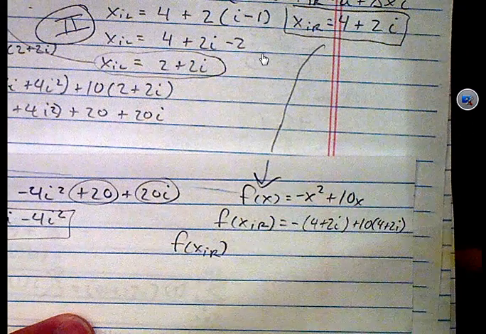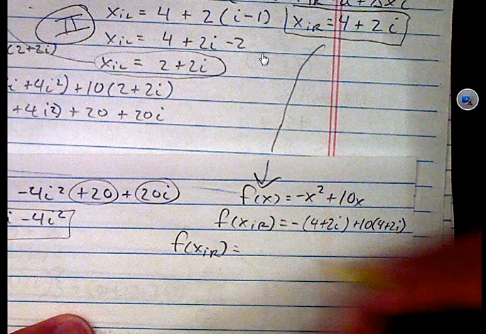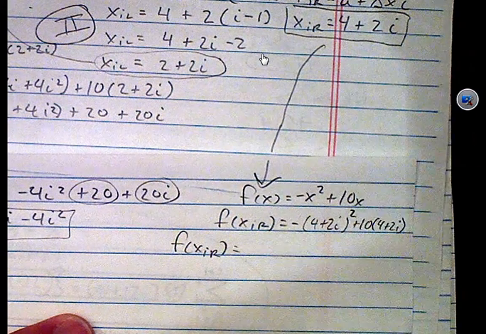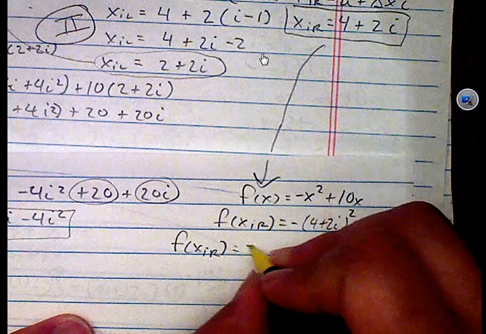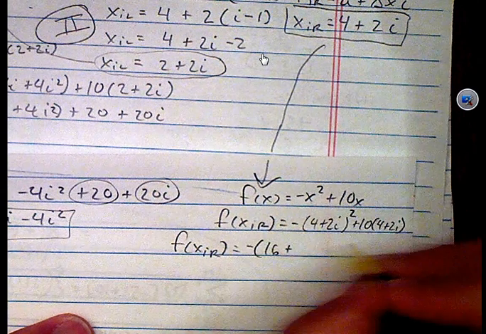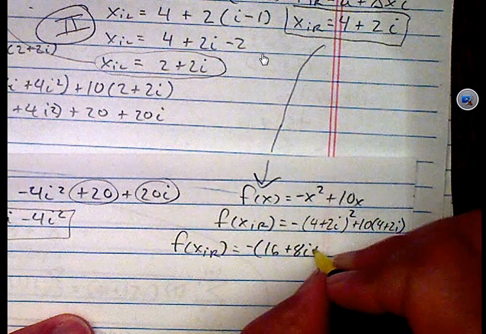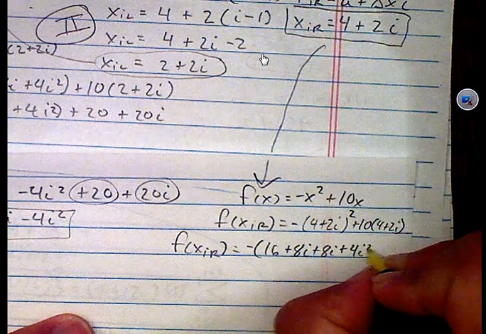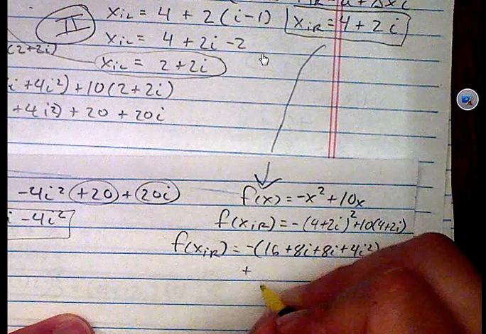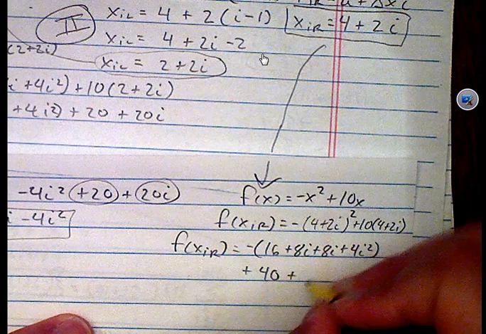F of x of IR is going to equal, got to FOIL that out, it's squared, sorry about that. FOIL that out right there. So negative 16 plus 8i plus 8i plus 4i squared plus 40 plus 20i.